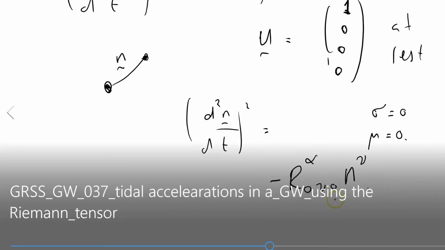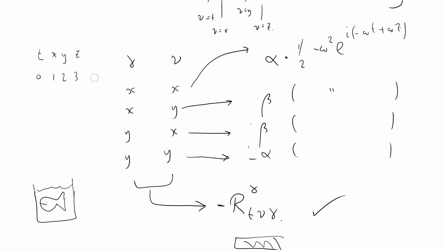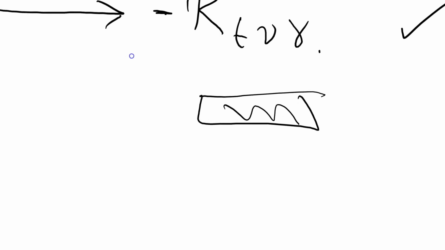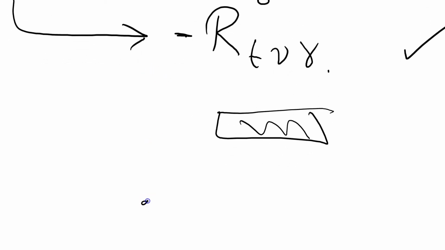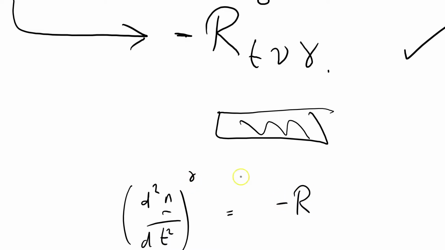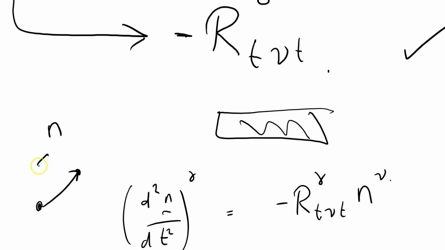So we'll rewrite this equation in our notation: d2n by dt squared, and remember there's no distinction between time and proper time in these coordinates, equals minus R gamma t nu t times n nu. Remember that n was a vector taking one particle to another particle while the gravitational wave did its work.